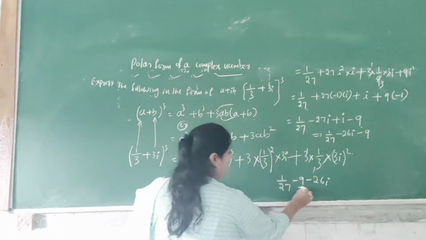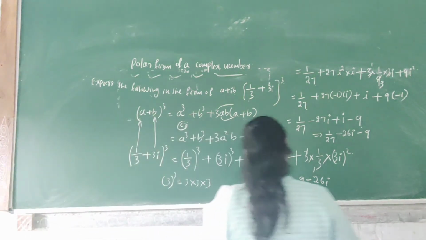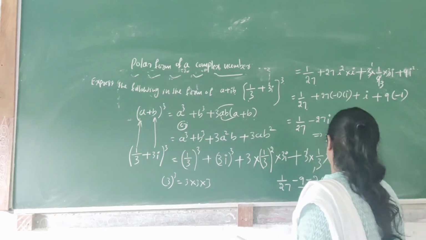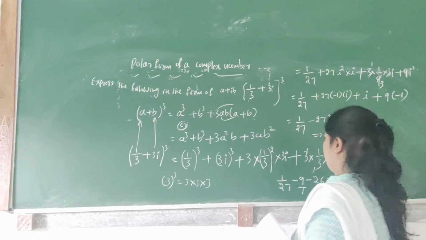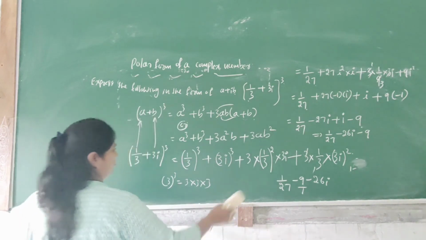So cross multiply this one. How will it be? 27 into 9 is 243, no?